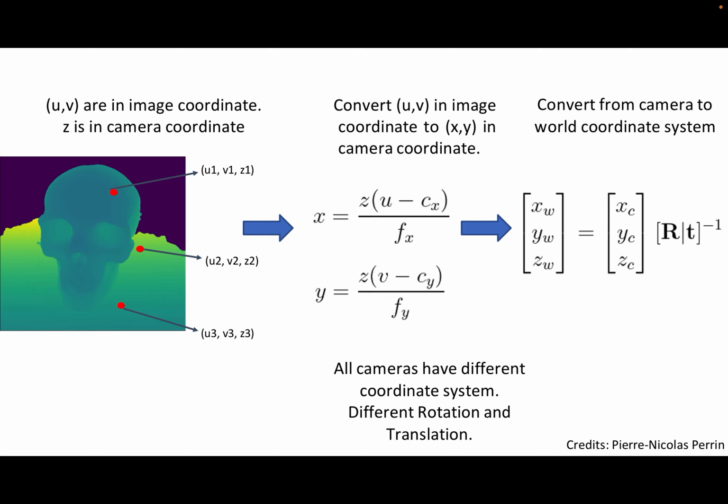So here, right? Using this, we can lift the depth map to a point cloud in the world coordinate system. There's no problem. All cameras have different coordinate systems, different rotation and translation, so this extrinsic is different for each camera. Anyway, if we have the extrinsic of each camera, then we can lift the depth map to the point cloud.